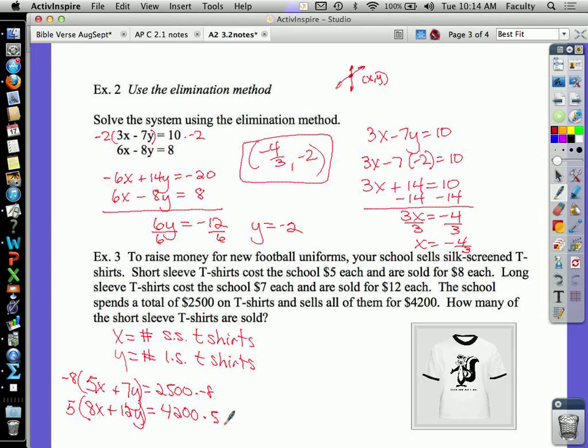And so I chose to eliminate the x value. So I got -40x minus 56y equals -20,000. And I hear the calculators going, and that's a wonderful thing to do.